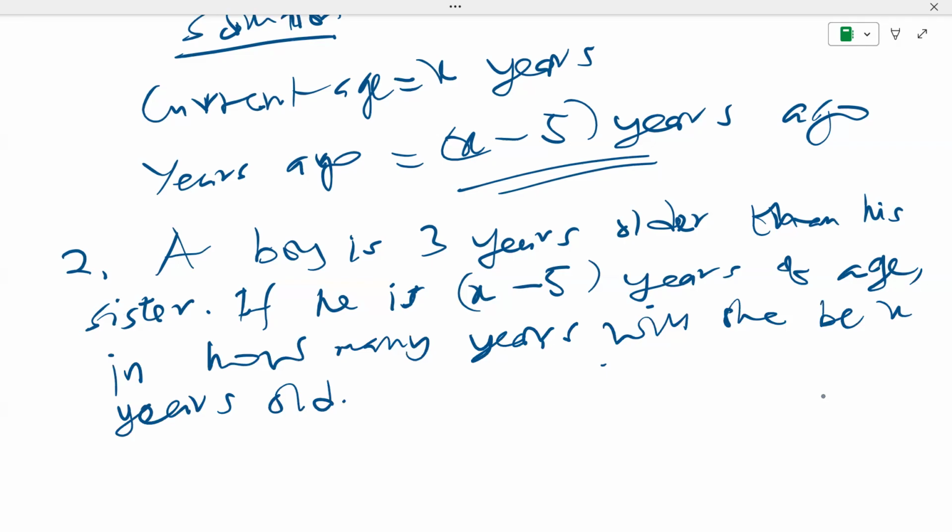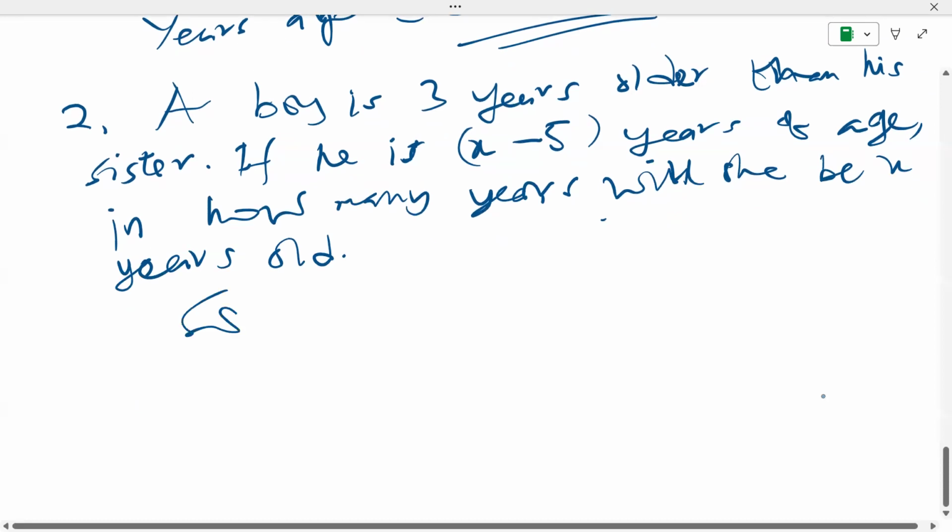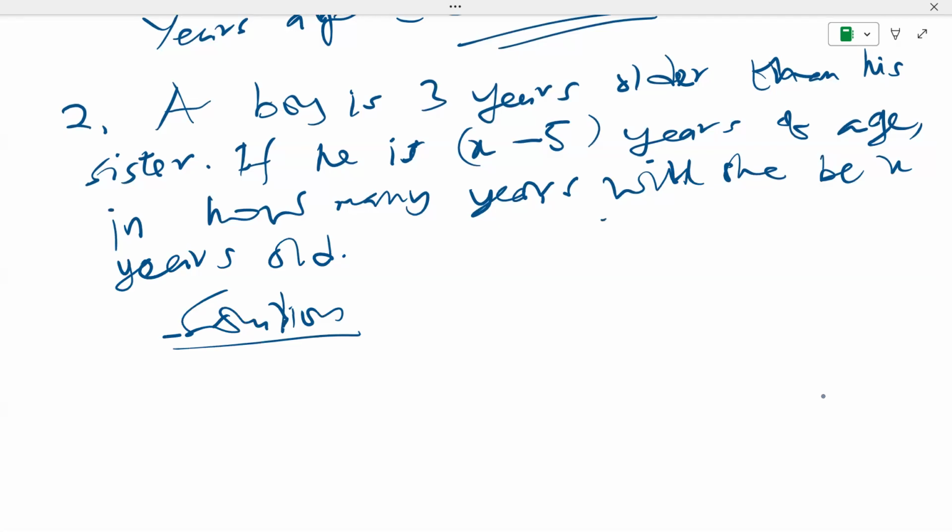Right. So let's look at the question. A boy is 3 years older than his sister. If he is X minus 5 years of age, in how many years will she be X years old? This is the question that we want to solve. So first, let's see how we'll go about it. In the question, we saw that the boy's age is X minus 5.